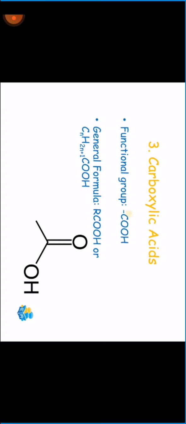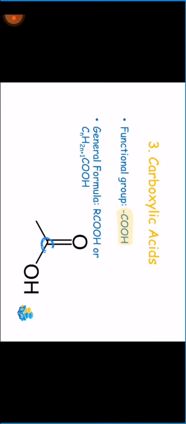So carboxylic acids have a functional group of COOH, and that has this structure here. So our carbon is here, so C double bond O, and then there's an OH at the end. So for a carboxylic acid, again, similar to the aldehyde, the carboxylic acid functional group will always be found on the end of a structural diagram.